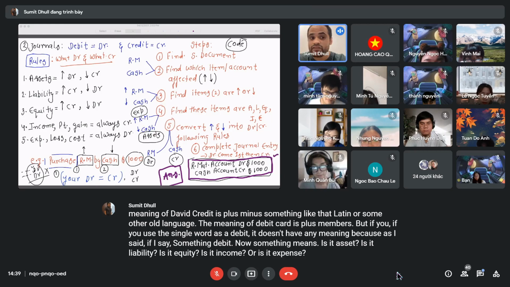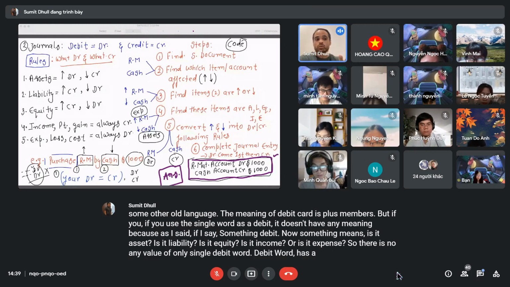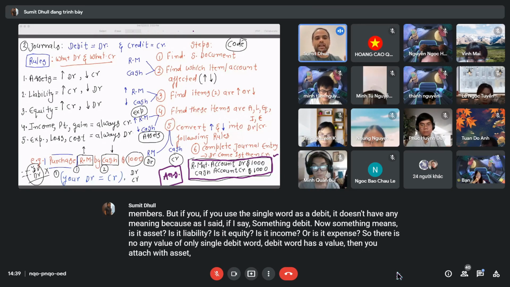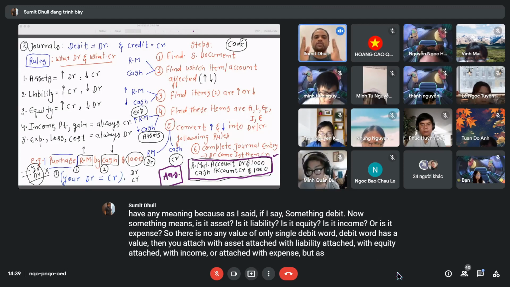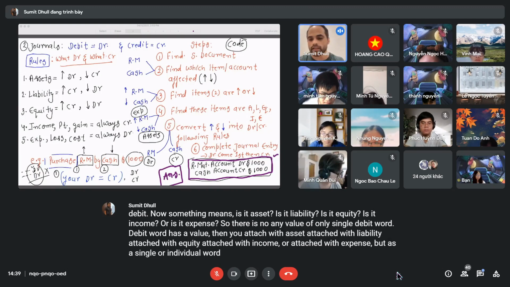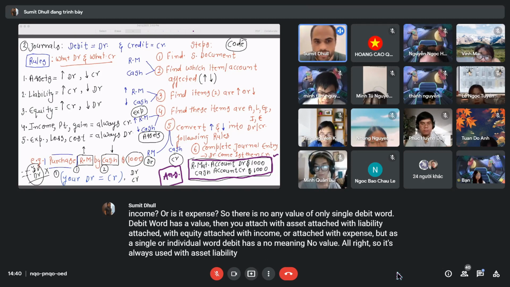There is no value in the single word debit. The word debit has value when you attach it with asset, liability, equity, income, or expense. As an individual word, debit has no meaning. So it is always used with asset, liability, equity. Same thing with credit.